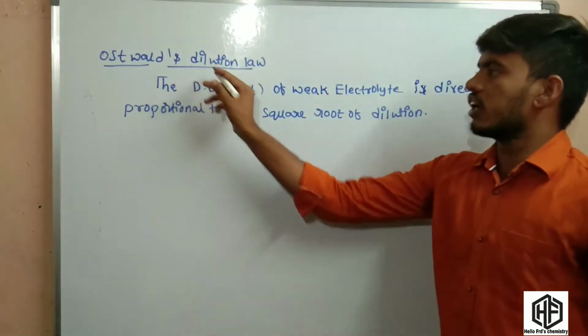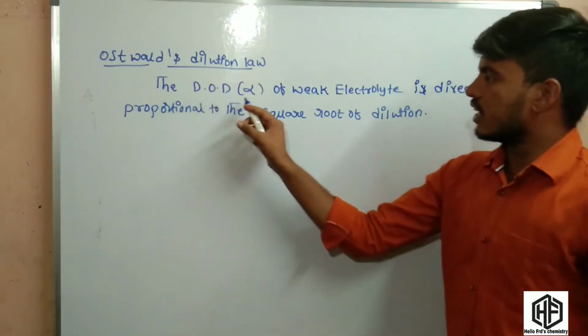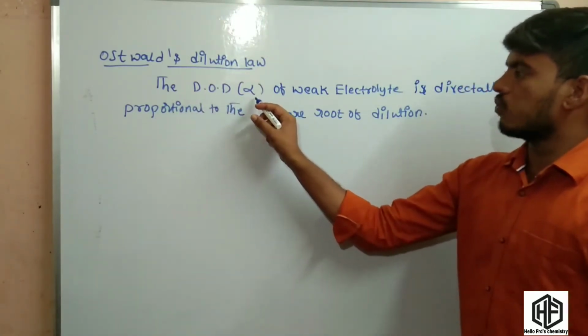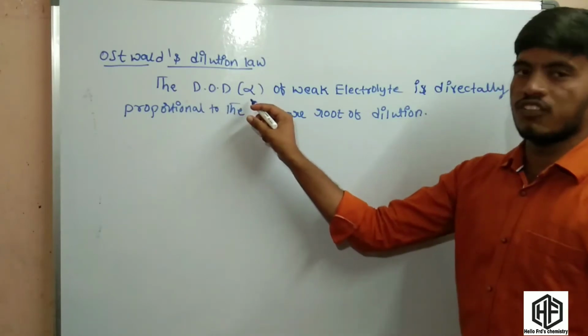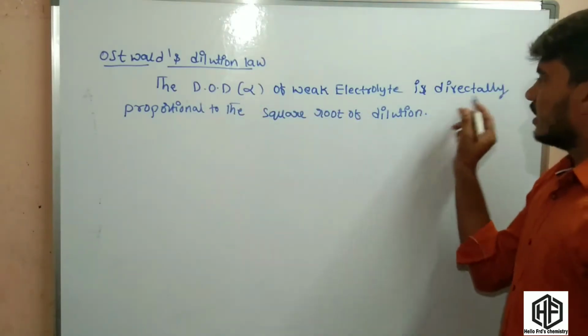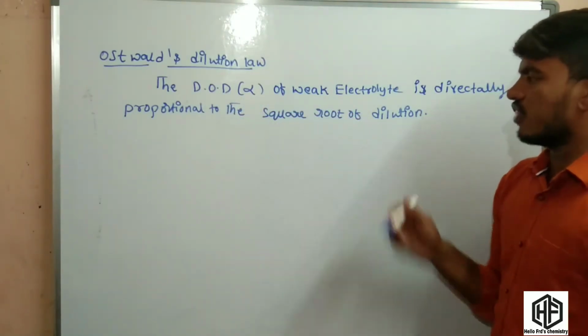Friends, what is the Ostwald dilution? The degree of dissociation alpha of weak electrolytes is directly proportional to the square root of dilution.